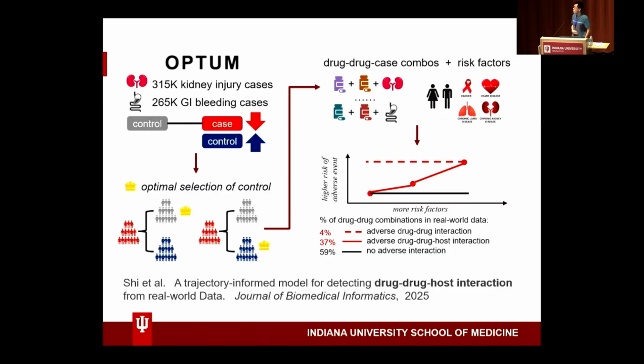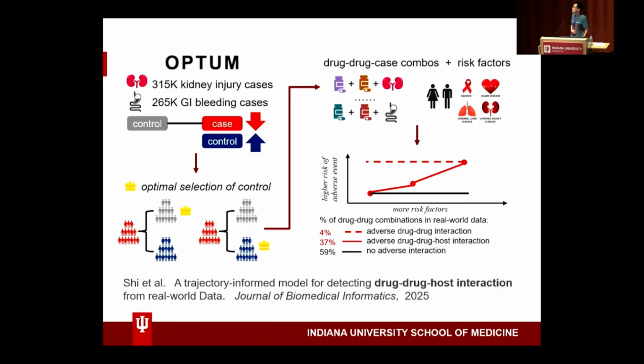Well, there is another group of drug combinations. They are safe in the general population, but the risk could be increased as the number of risk factors increases. Then we apply this trajectory-informed model to the OneFlorida data. We identified 60% of the drug combinations remained safe in all the populations, and 4% of the drug combinations always had an increased risk.